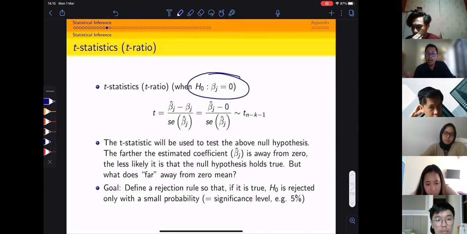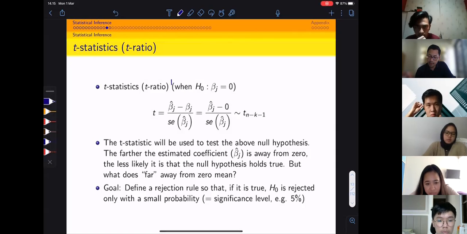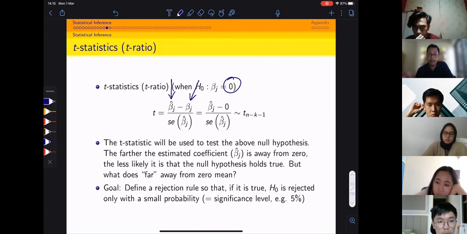The t statistic, or t ratio, is very straightforward. It's the difference between the estimated coefficient, which we get from the data using OLS, and the value of beta in the population, which we assume is 0.